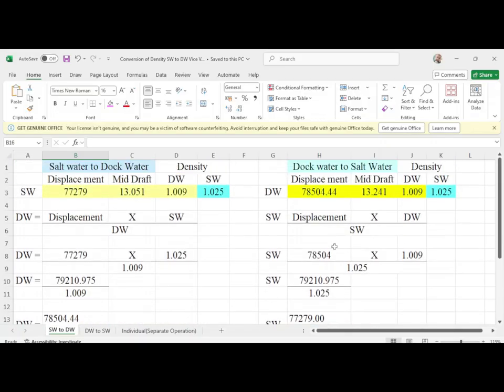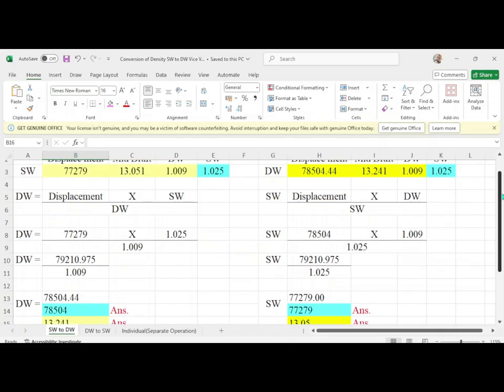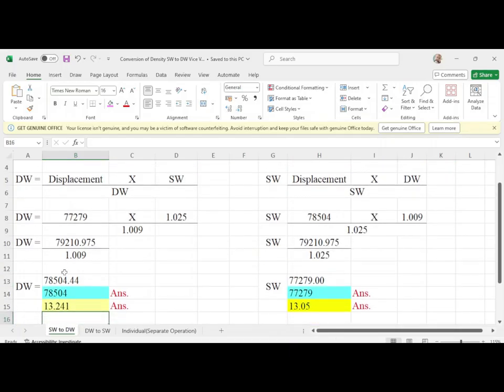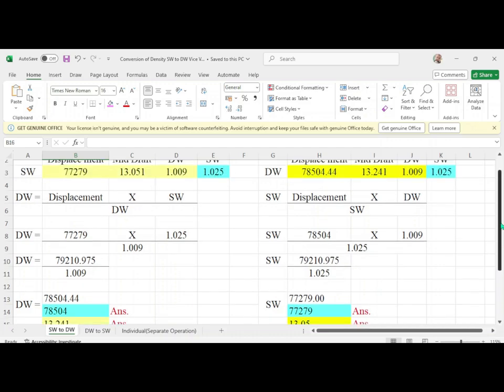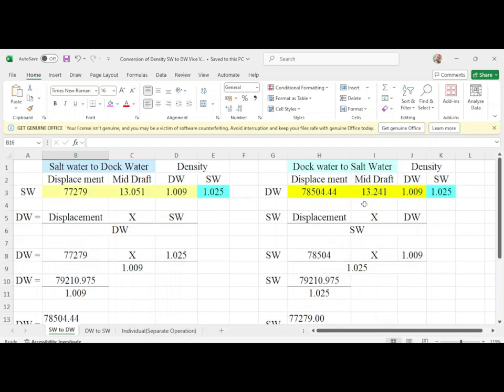Now this one is the reverse, from dock water to salt water. Your dock water displacement is 78,504, which is this one, and the draft is 13.241, which is this one.